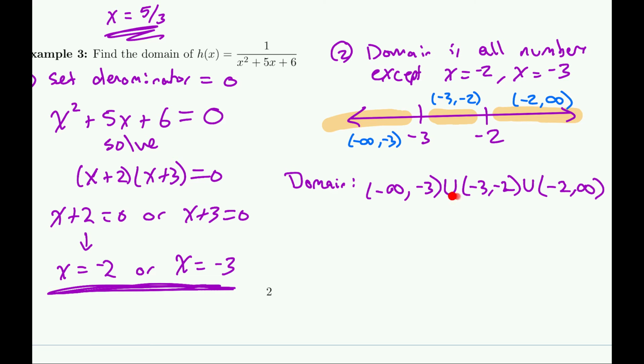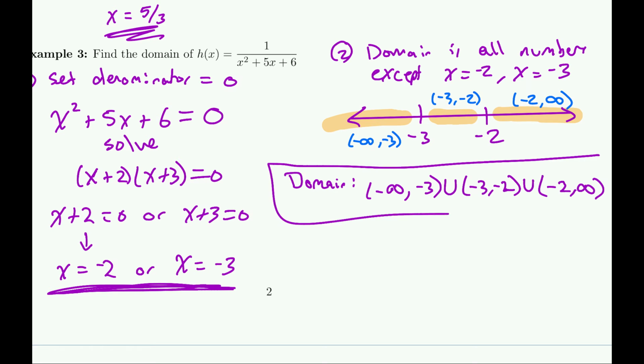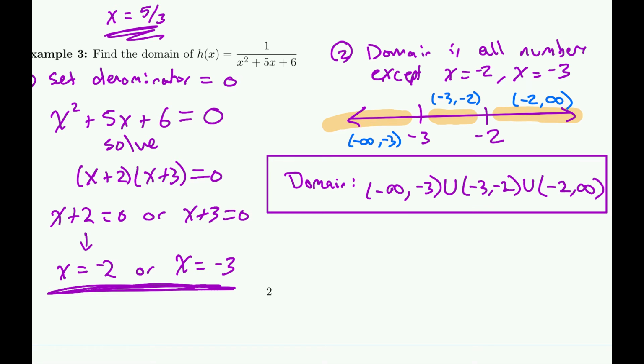So do you see, -3 is not included in either of these, and -2 is not included in either of these, and we have all three sections, but with the two values that we need to leave out left out. Okay, and so that's how you do that. So that's obviously a little bit trickier, but there was no extra thinking to do, really. We had to learn how to write this, but this part was where all the work is.